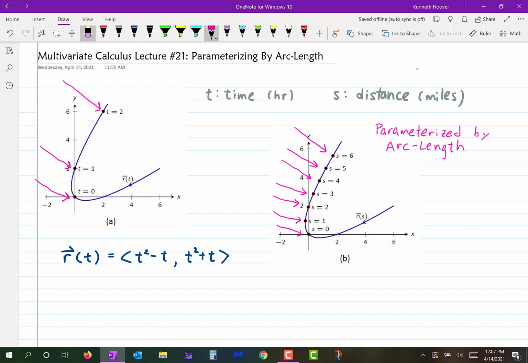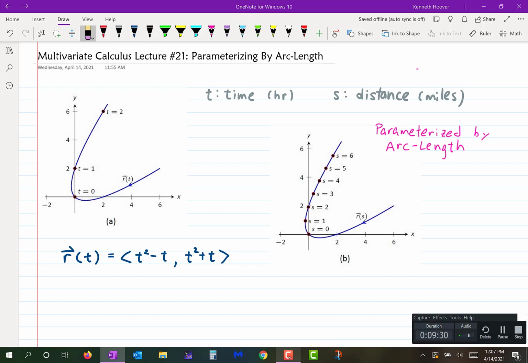Now, I want to show you how to do that. It's a pretty easy process to change from the original parameterization to the arc length parameterization. Here are the steps that you follow.